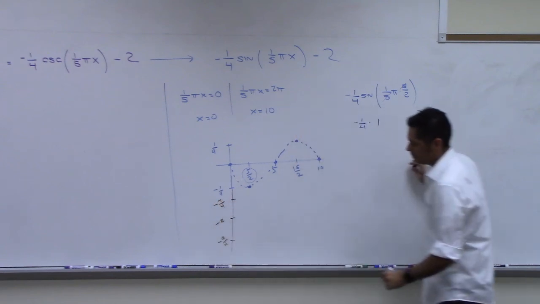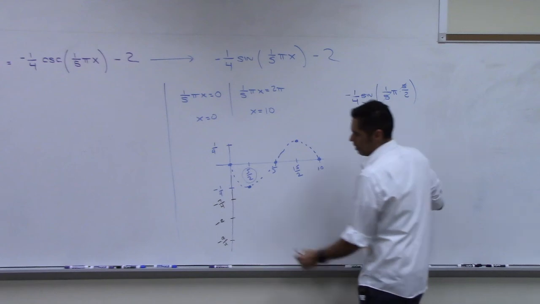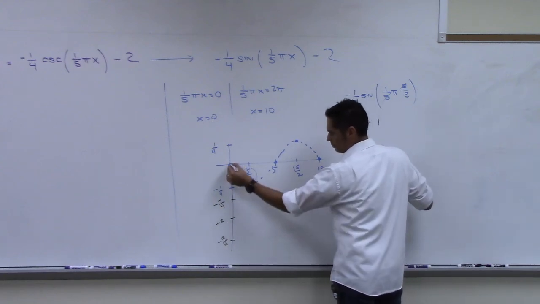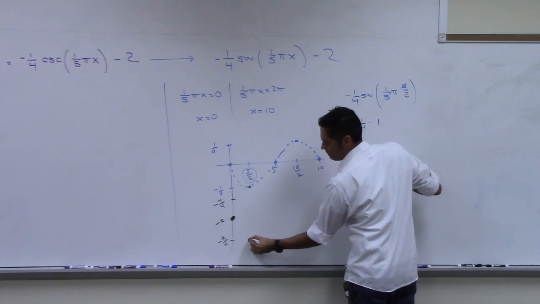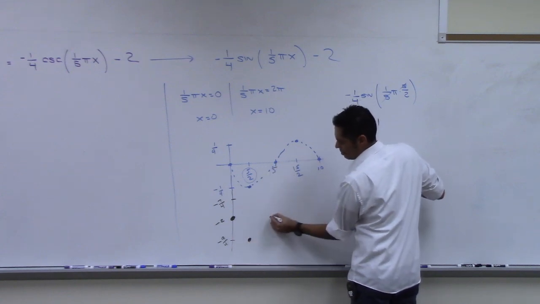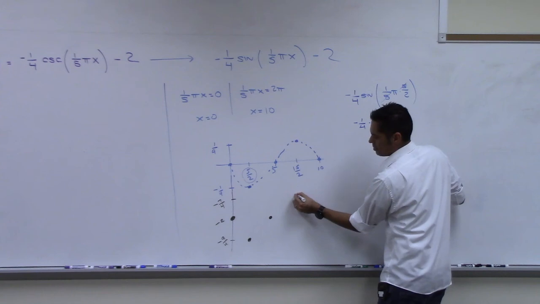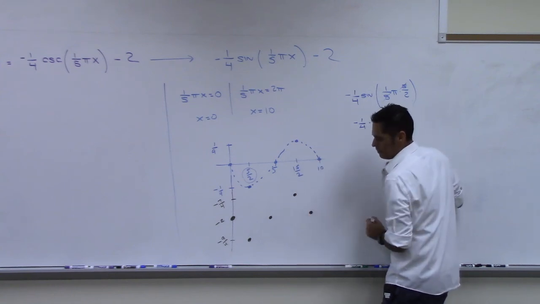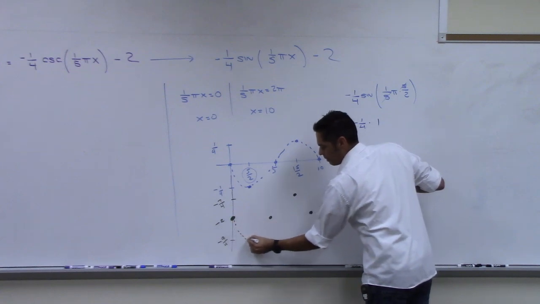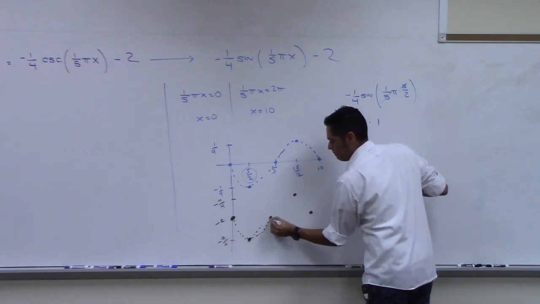Y'all agree? All the points get moved down 2. So this one goes here. This one goes here. This one on the x-axis goes to -2. This one goes to your +7/4, and this one goes to -2. So you've got this picture. Ah, terrible.